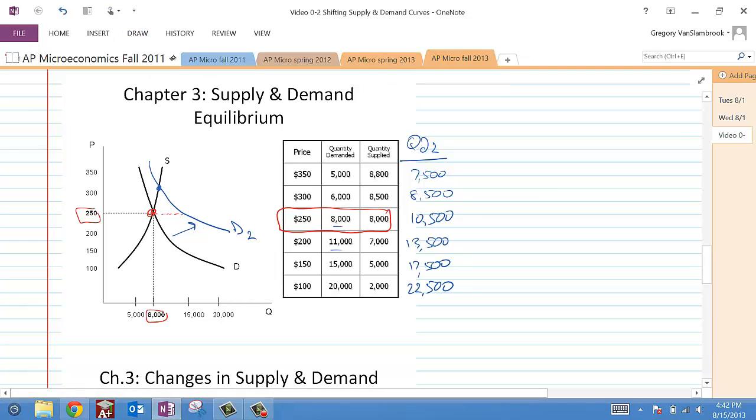So now with our new demand curve, I'm going to identify the new equilibrium in green. It's where the quantity supplied equals the quantity demanded, here at a price of 300 instead of 250. That should correspond to a price of about 300 and a quantity of about 8,500.